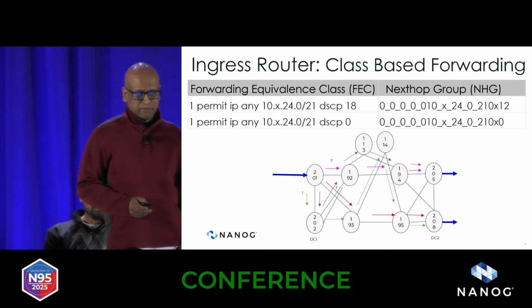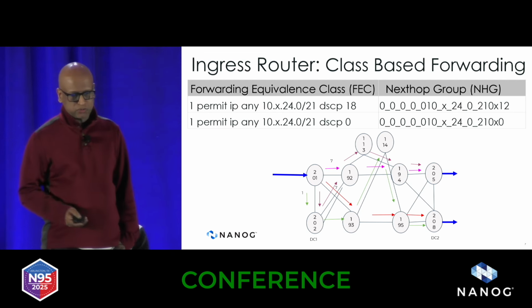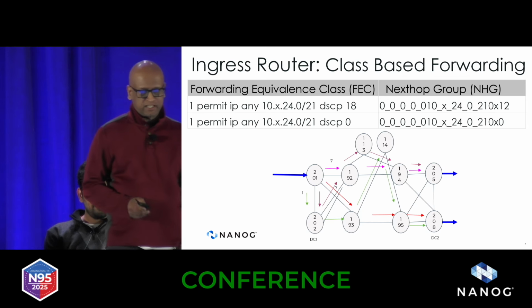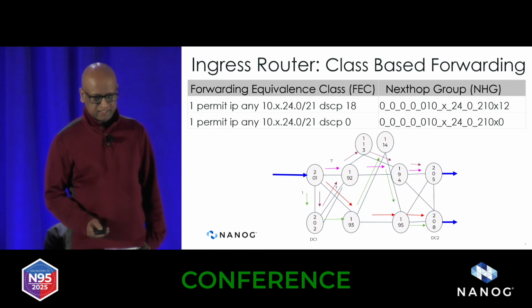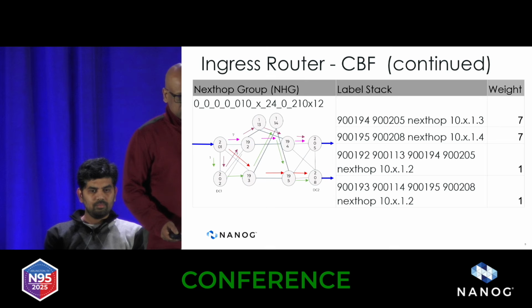But the DSCP 18 traffic could not be satisfied with the direct path, so it needs to use an indirect path to satisfy the demand. So let's look at the next hop group in more detail.